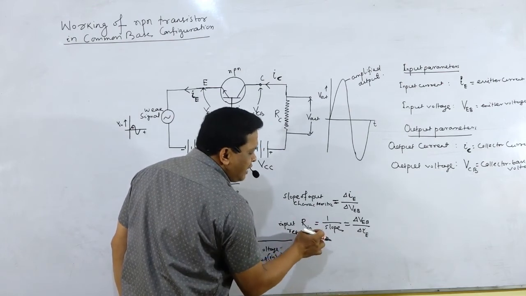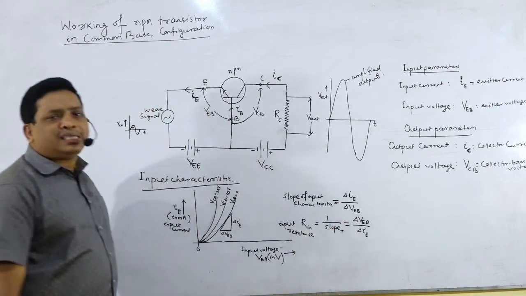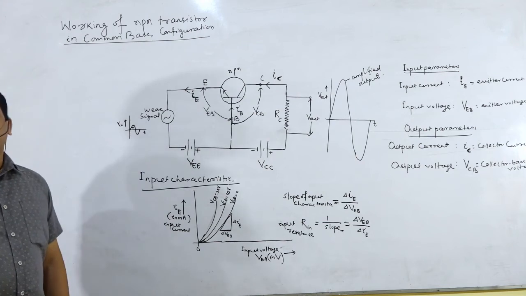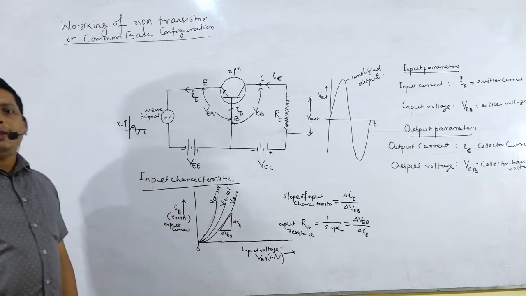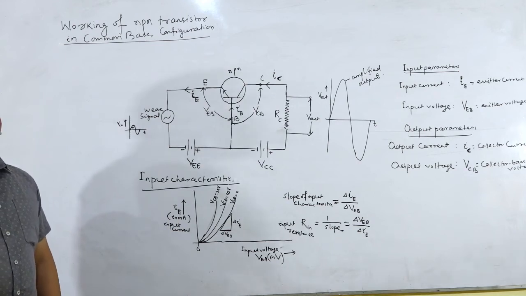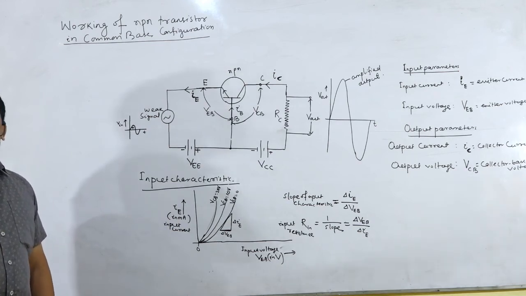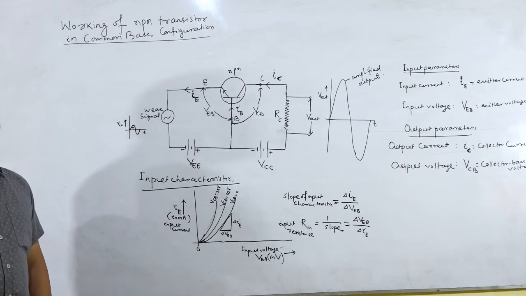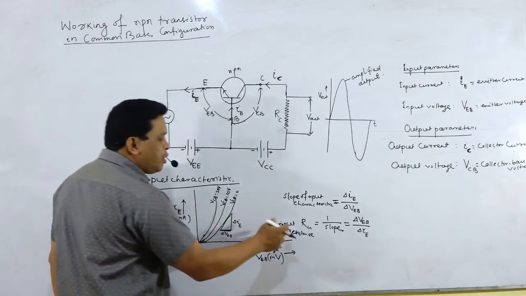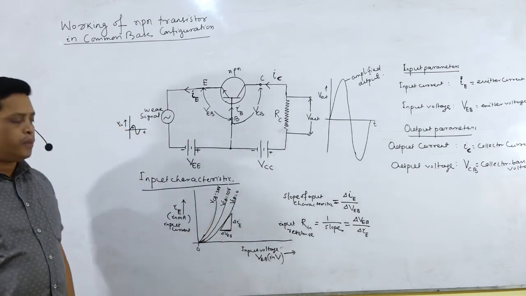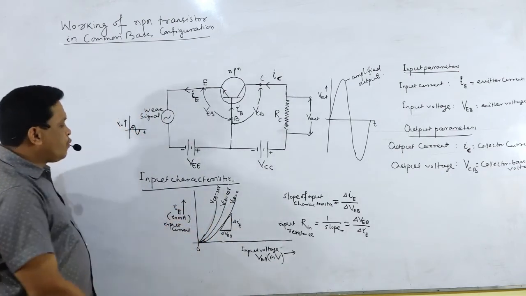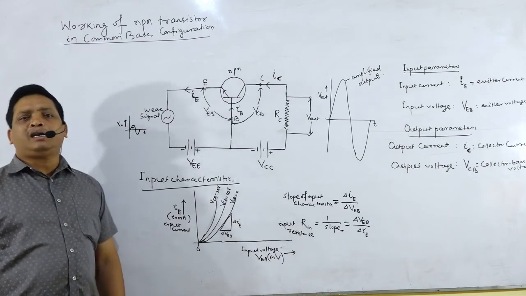Therefore R in is small. Input resistance is very small. That should be because in the transistor the input PN junction is forward biased. Therefore input resistance must be very low. That also we have discussed with the help of the VI characteristic. So this is the information we get from input characteristic.